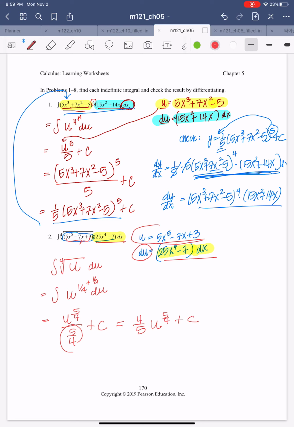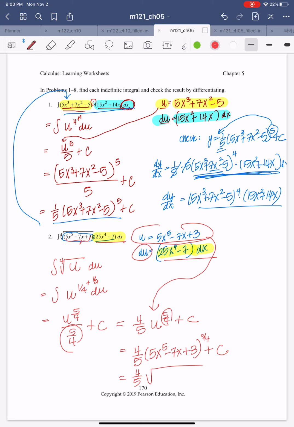Now take u, plug it in. Don't forget, back substitute. So 4/5 times 5x to the 5th minus 7x plus 3 to the 5/4 plus c. Oh, here, I forgot the 5/4. You can do it this way if you want.